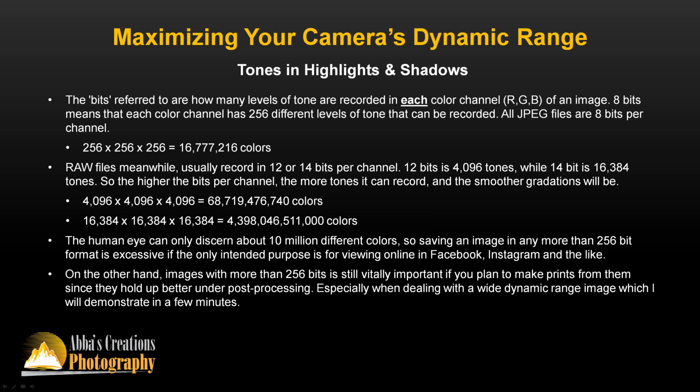Doing some math, a 12-bit format yields 4,096 times 4,096 times 4,096, or roughly 68.7 billion colors. While a 14-bit format yields 16,384 times 16,384 times 16,384 for roughly 4.39 trillion colors.